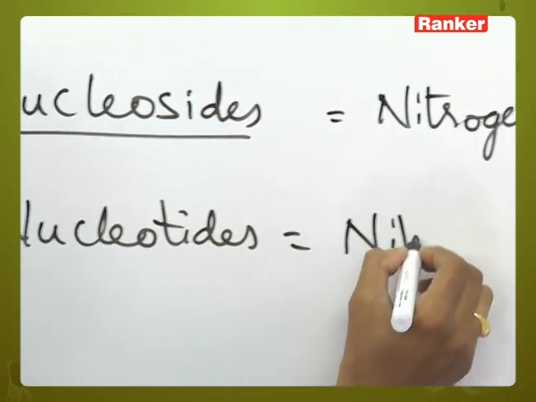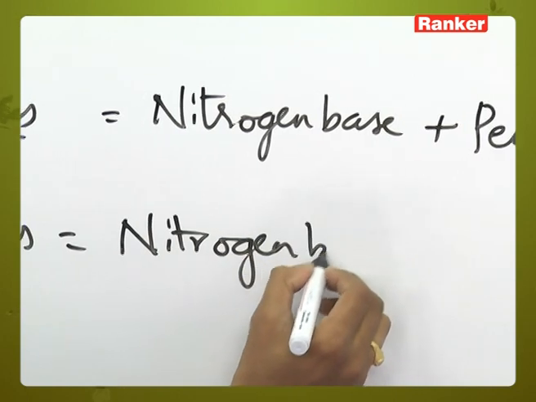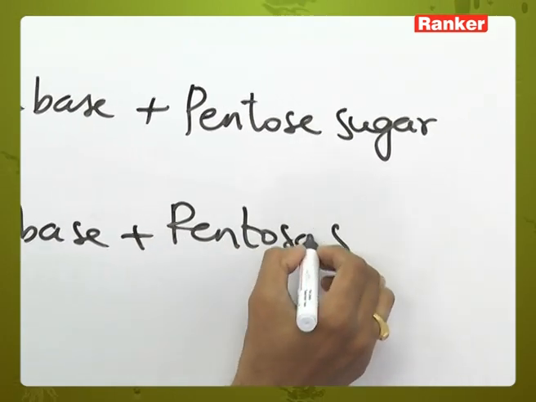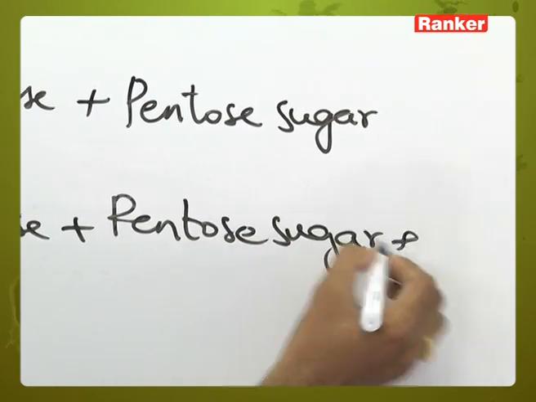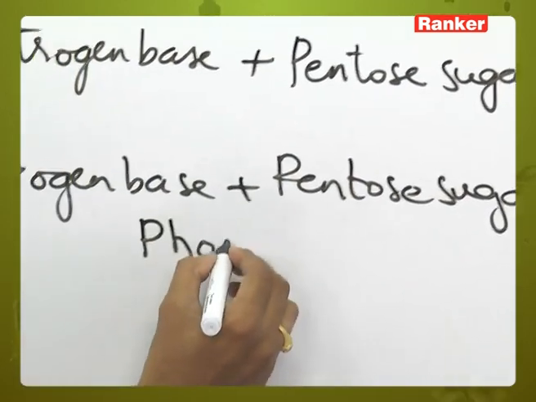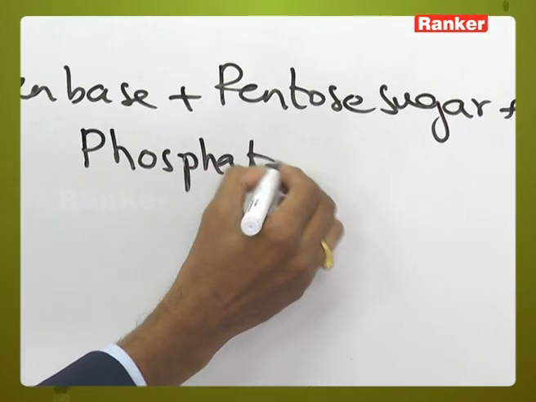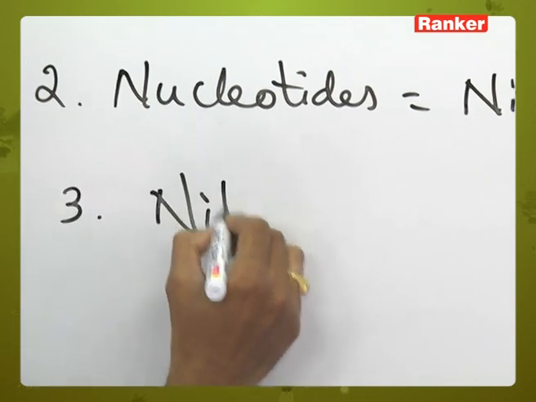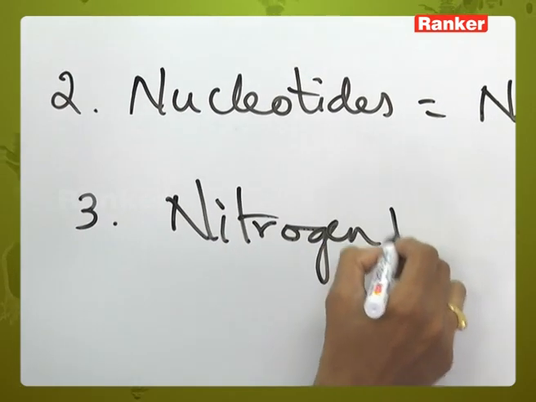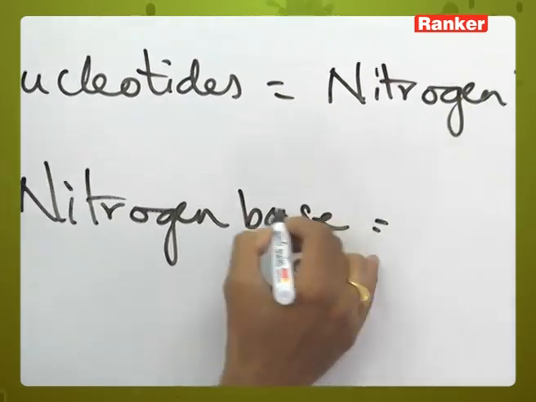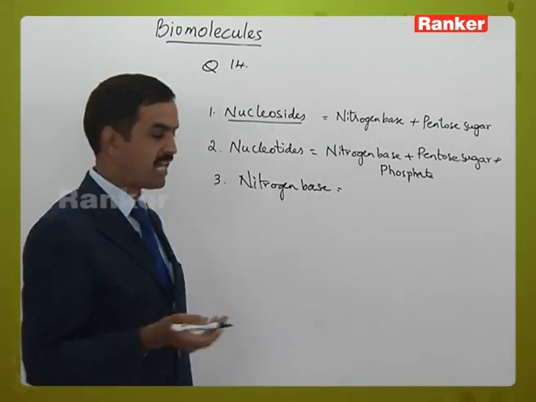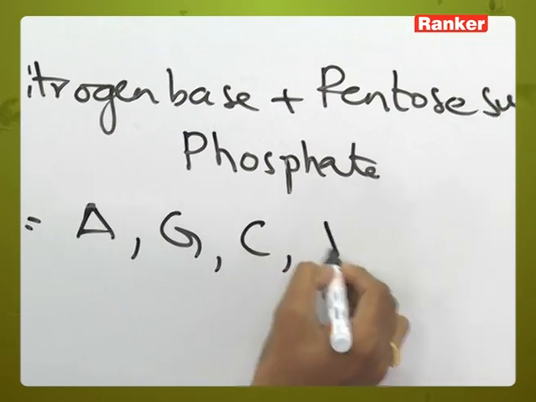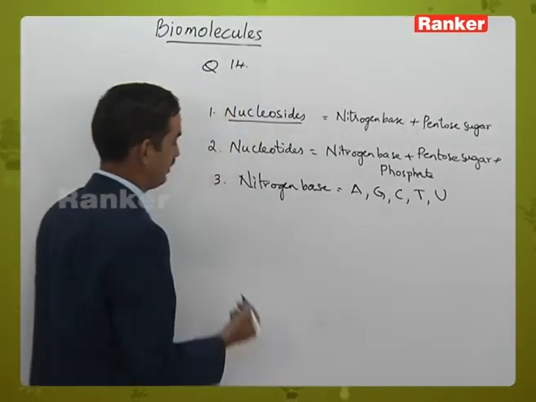Nucleotides are made up of nitrogen base plus pentose sugar, along with it the phosphate group is present. Third one, nitrogen base. Nitrogen bases are of 5 types already, as we know, that is adenine, guanine, cytosine, thymine and uracil.